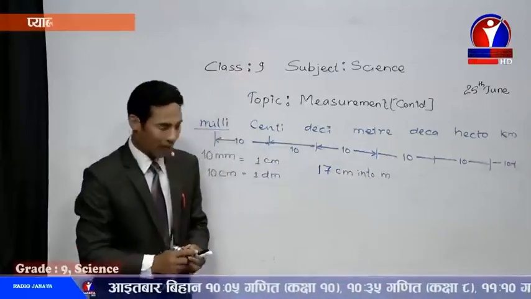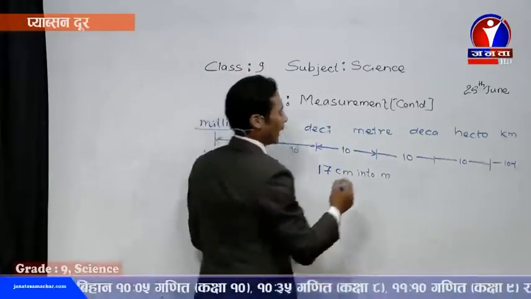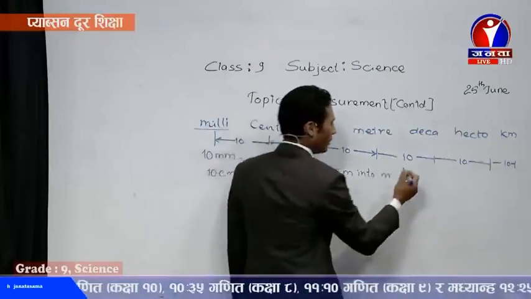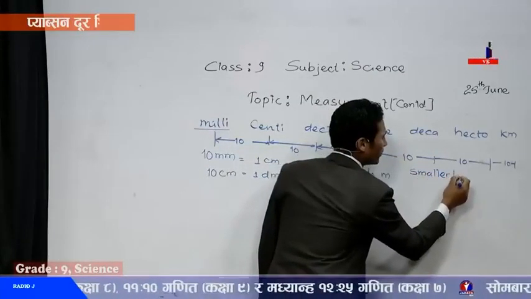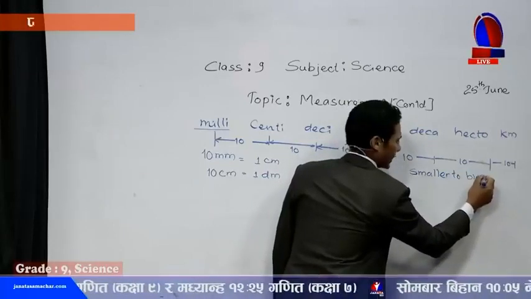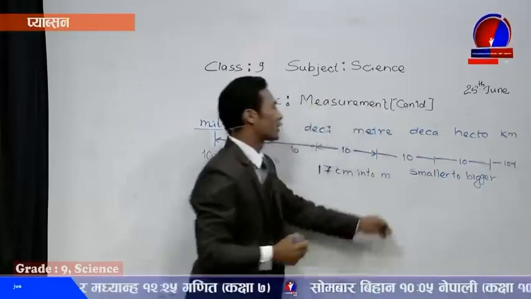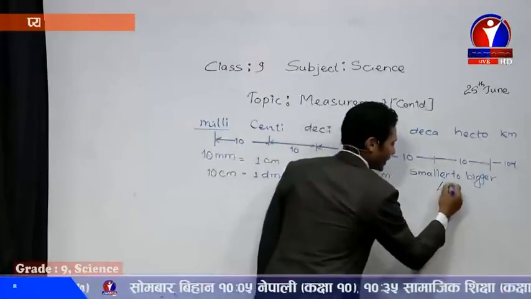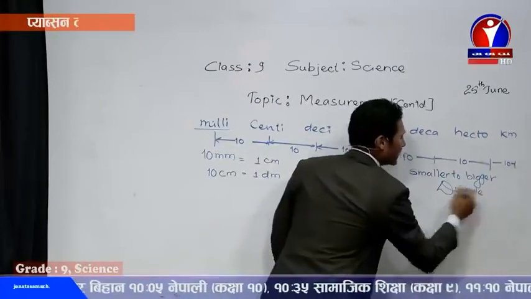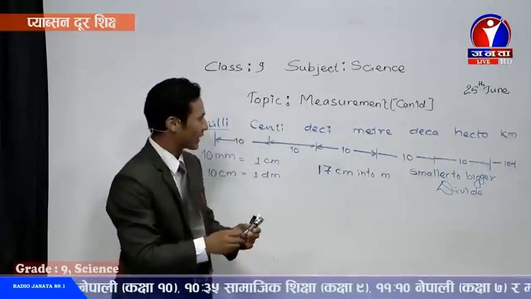One more thing you have to remember in this. If you are converting from a smaller unit to a bigger unit, then we need to divide, okay? We will explain this later on also.